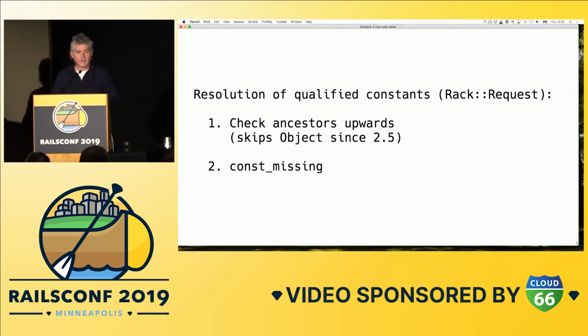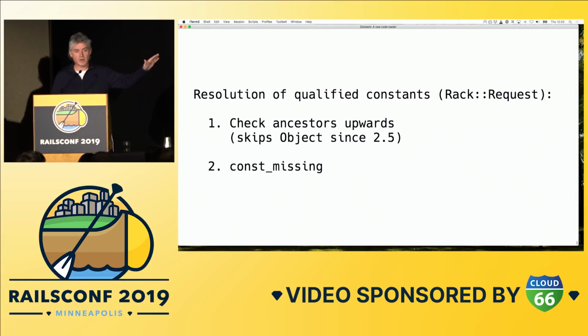Then, if you have a qualified constant like Rack::Request here, this is much easier. In Rack::Request, Rack, the first segment, is a relative constant, so Rack is going to be resolved with the previous algorithm.